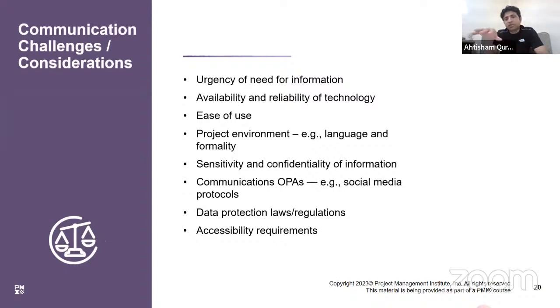So when you communicate, there are certain communication challenges. The information may be so urgent that you need to give it now, and that's one aspect of the information. Or you may have the information technology, like you may have an account on Slack and then you can do instant messaging.